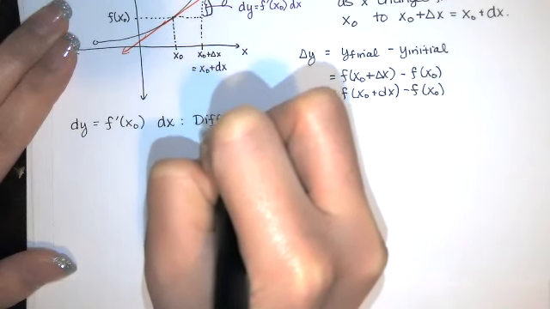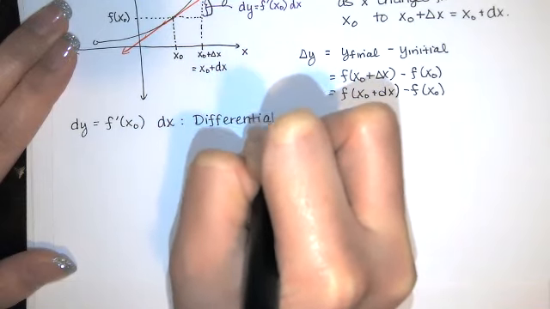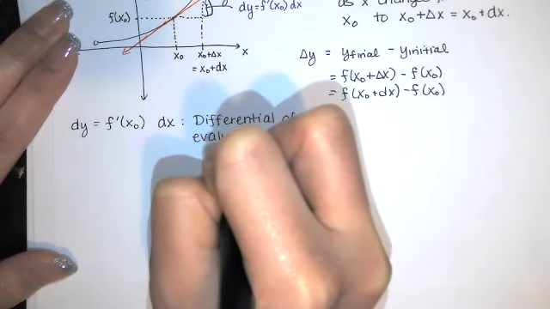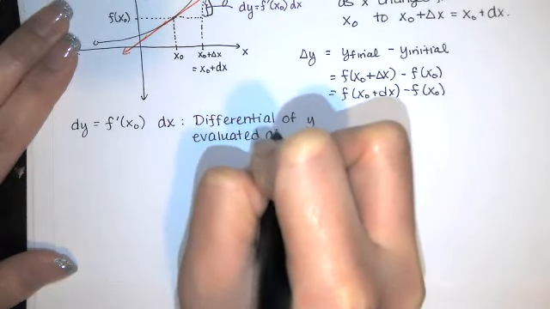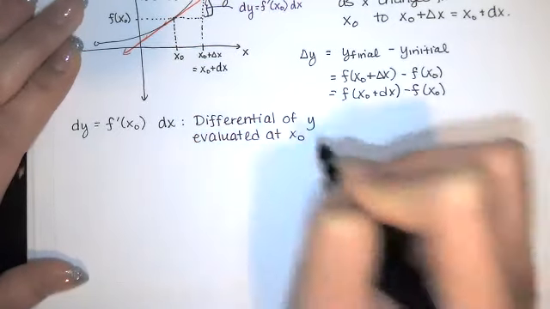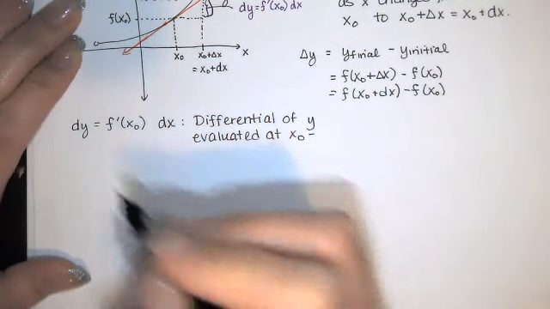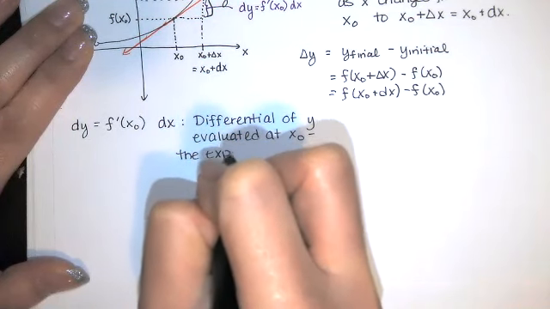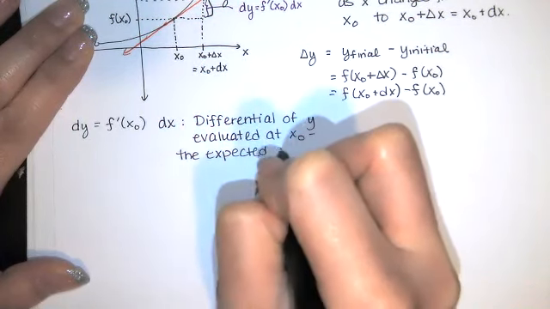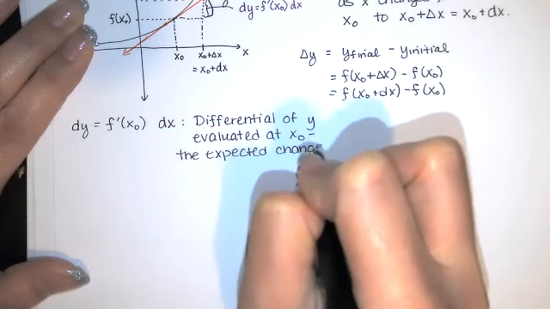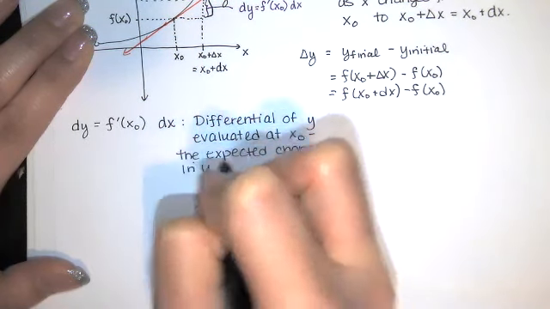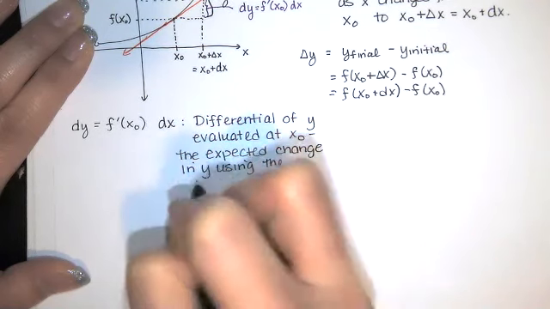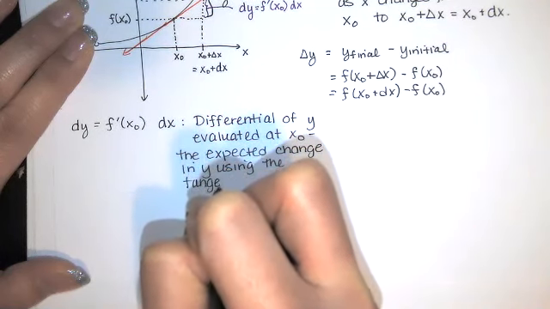I'm going to call this the differential of y evaluated at x naught. And what this represents is the expected change in y using the tangent line as an approximation to the function.